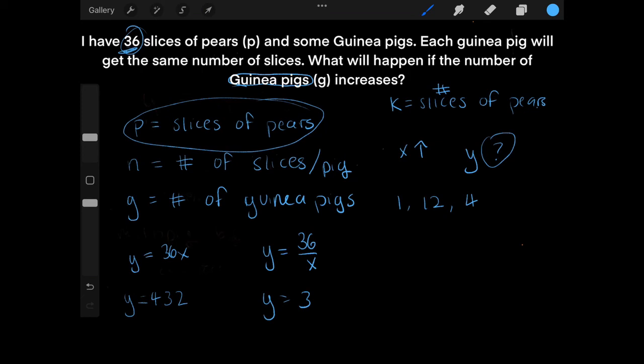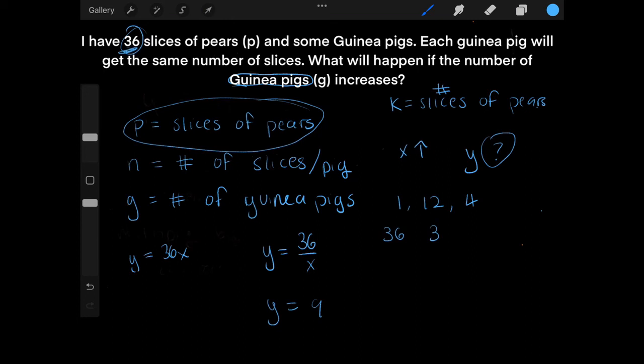So with our inverse variation, you can see that as our x value went up, our y value went down. So here it was 36, here it was 3, and when we use 4 as x, we'll get y equals 9.